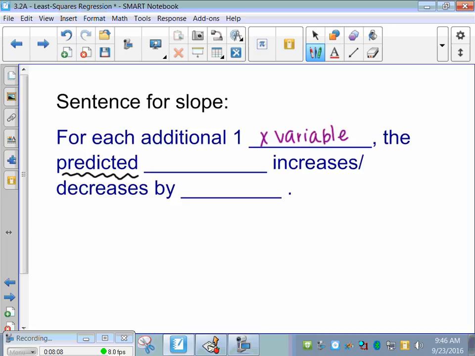Now, this is important, and we should probably add this word in there: the predicted, what do we want to put here, you guys? Okay, slope, which is our y value. Then we want to say increases or decreases by whatever the number of our slope is with units.